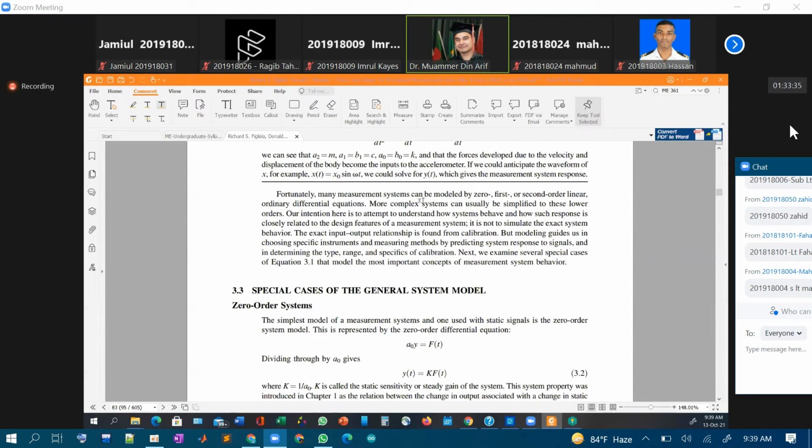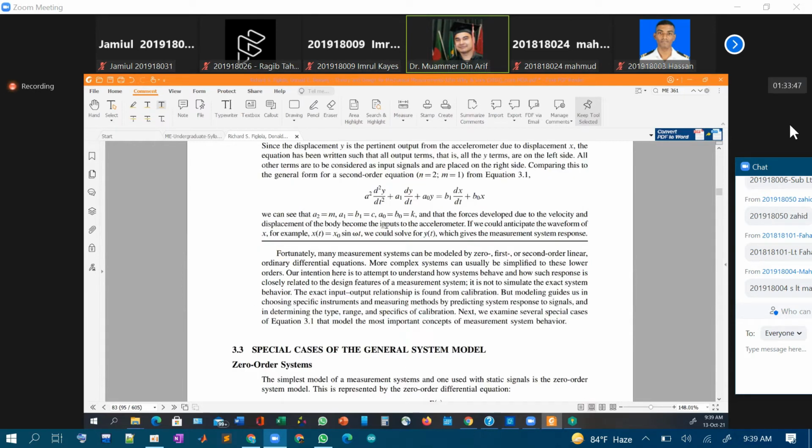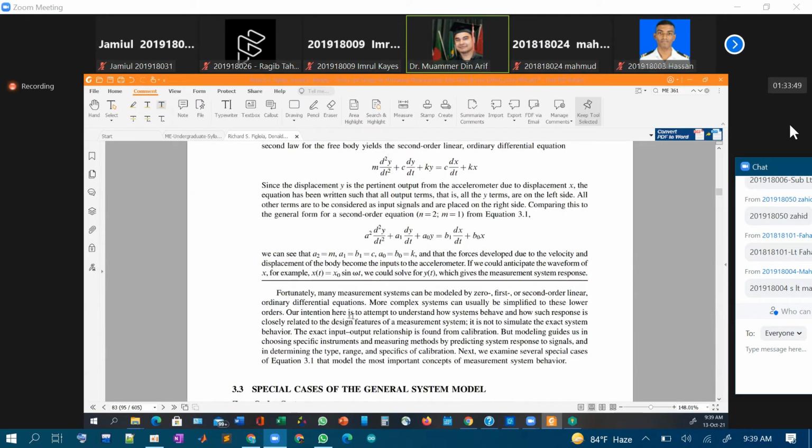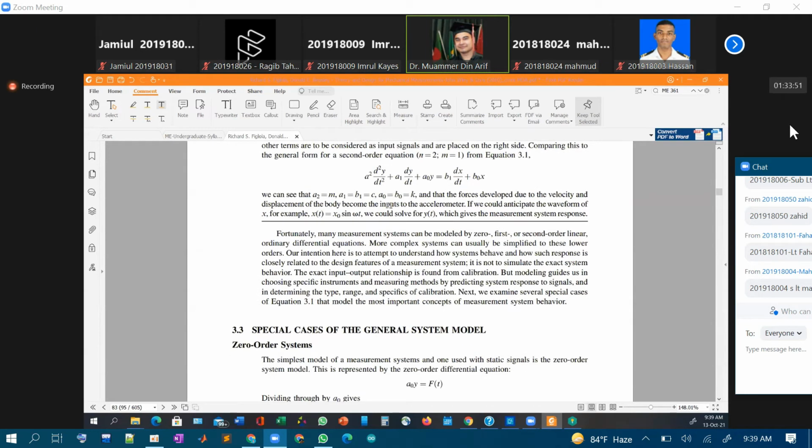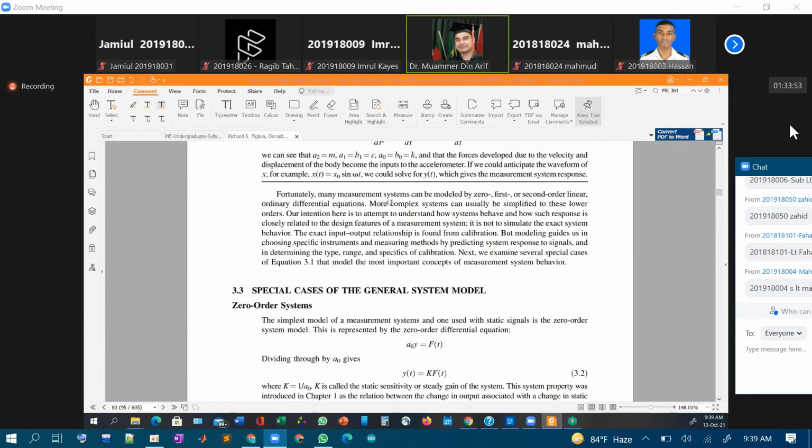Fortunately, many measurement systems can be modeled by zero, first or second order linear ordinary differential equations, because you could go PDE, partial differential equation, also. So usually we will stick to ordinary differential equations because they're easier to solve, and most objects can be more or less modeled like this.